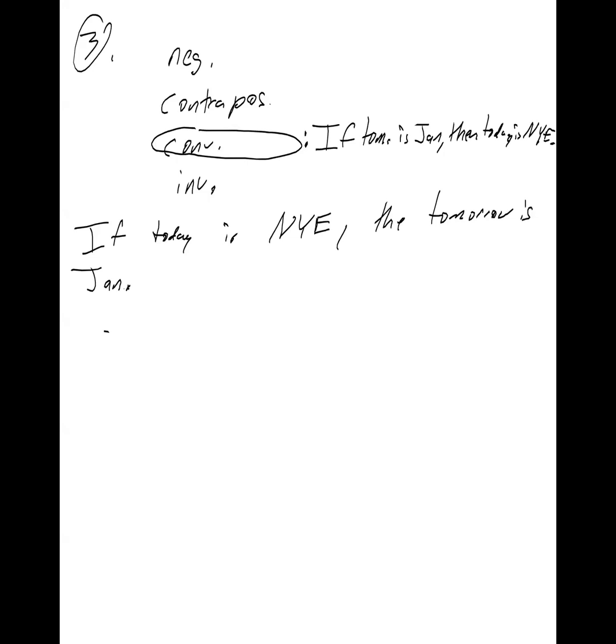So by the way, which statement is true, the original one or the converse? Is this statement true? If today is New Year's Eve, then tomorrow is January. Yes. Is the converse true though? If tomorrow is in January, does that always mean that today is New Year's Eve? No, because what if tomorrow is January 20th?